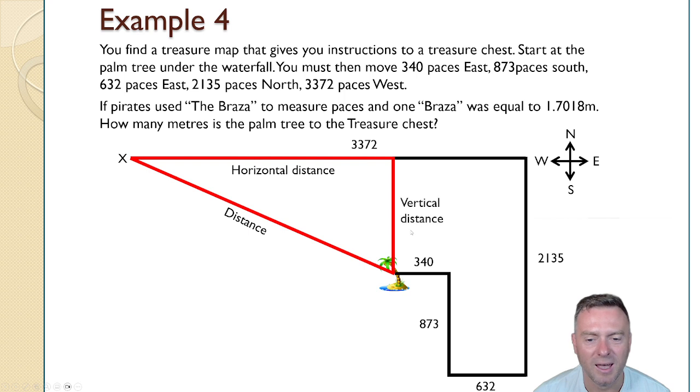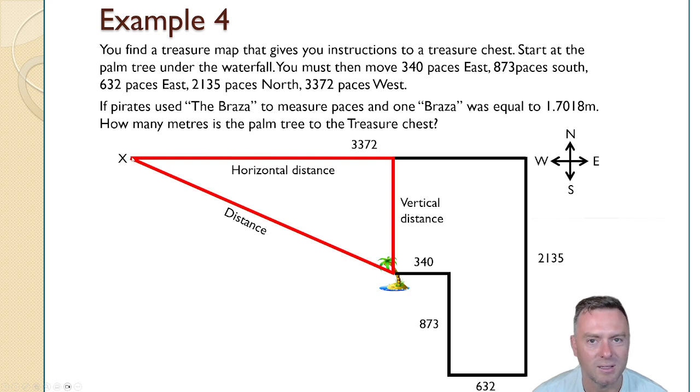So to work this out, we need to work out this horizontal distance across, and then this vertical distance down and up. The easiest way to do that is just look at the triangles and then look at what the measurements have. For the vertical distance, we know we've gone down 873, but then we've gone back up 2,135. Because we've been doing our directed numbers, we should see a pattern there. This vertical distance is the 2,135 minus the 873.